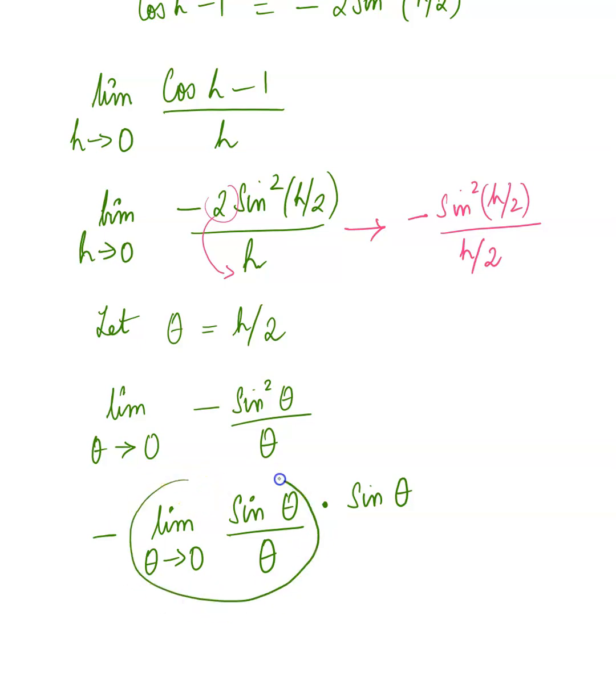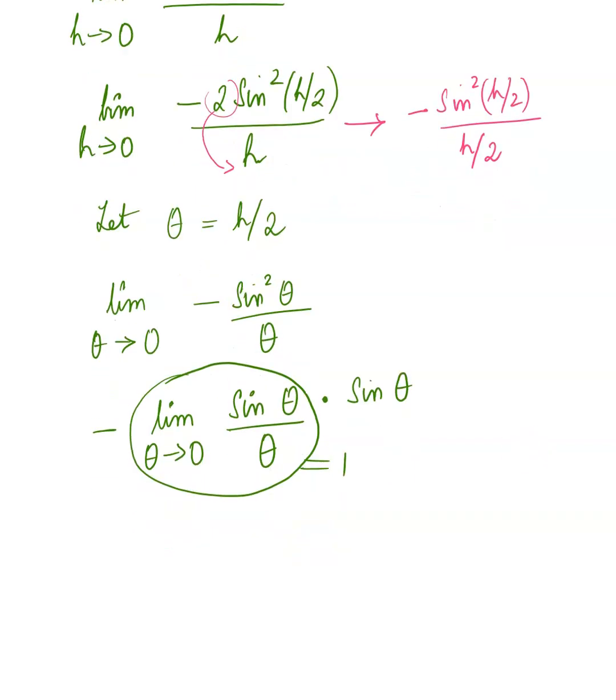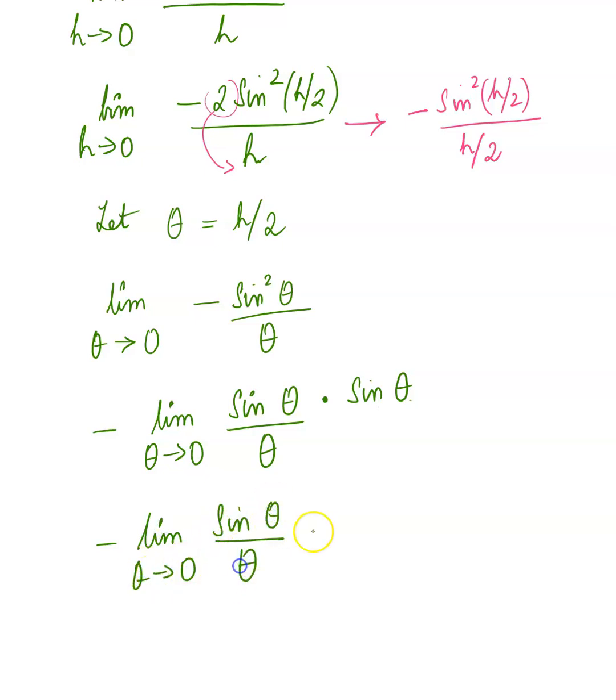And we know that this one, again, is equal to 1. And this one, sine theta, will also get a 0. So just before I do that, let me separate them so we can see how it works. Sine theta over theta, by the product rule, this one also will get a limit of sine theta.